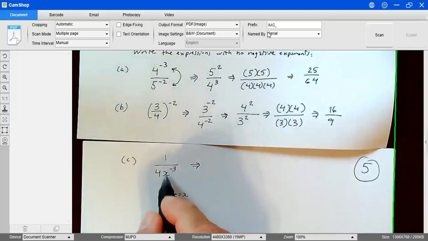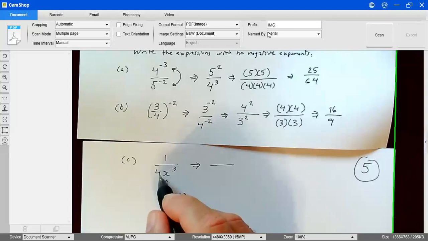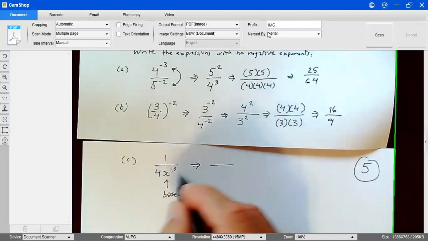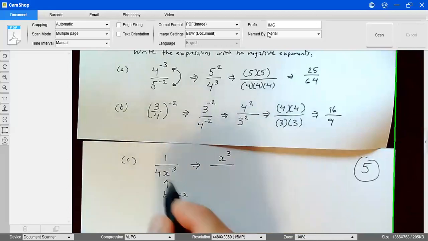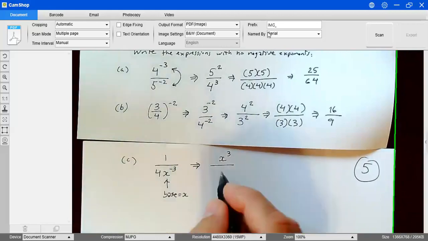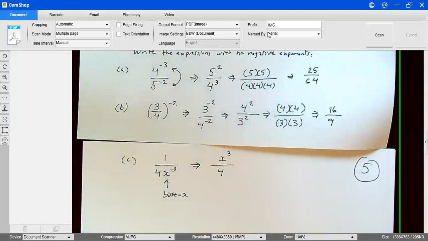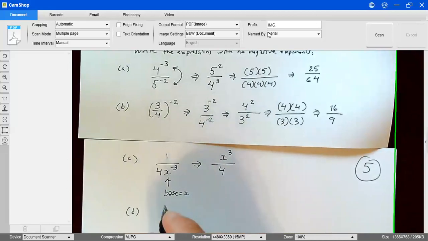So that's the only part that is going to go up. The other part is going to remain here. So we're going to have x to the cube on the top. That base was moved to change the sign of its exponent, but the other part remains because the other part doesn't have any negative exponent. So that's the answer.